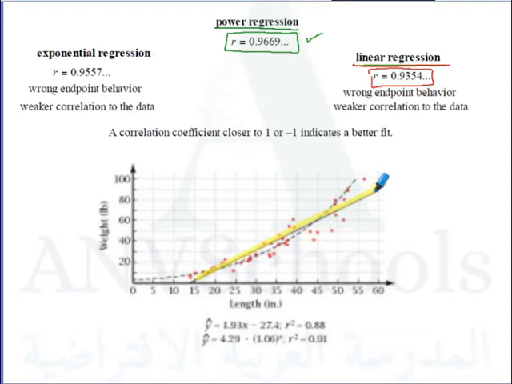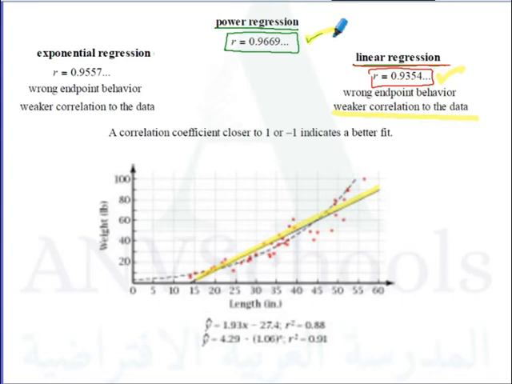You can see that most of the data are not clustering into the line, and it has a wrong endpoint behavior, because at this point the data go one way, but the line goes another way. We also have a weaker correlation. Look at the R: your correlation coefficient is 0.9354, which is weaker than your power regression, which is 0.9669.